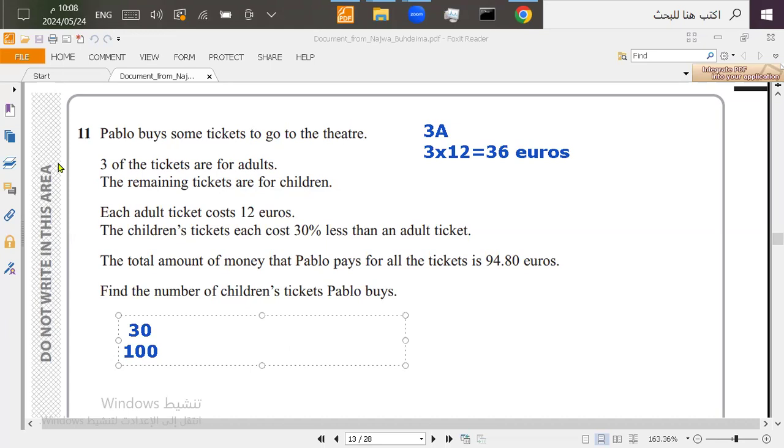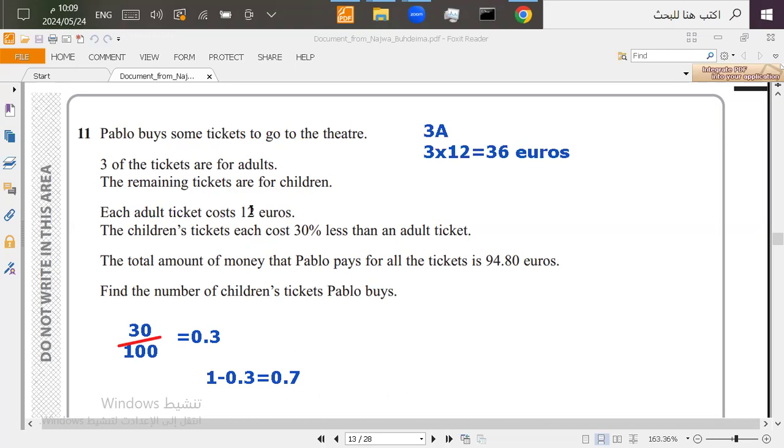After dividing, 30 over 100 is going to be 0.3. Now, 0.3 is the percentage. Because it's a 30% decrease, we're going to subtract it from 1. So 1 minus 0.3 equals 0.7. So 0.7 is the multiplier of 30% decrease.